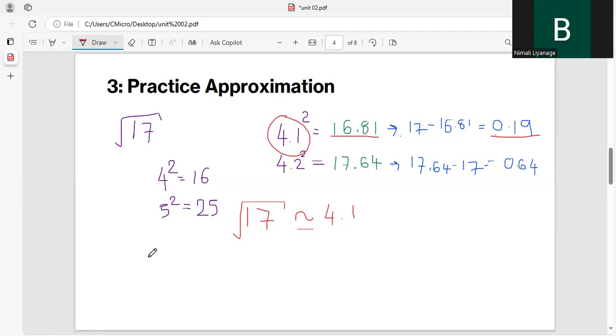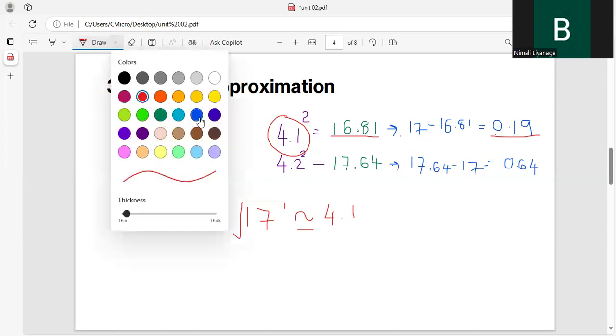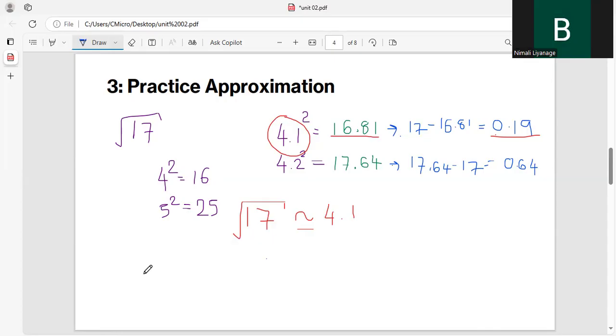So now it's your turn. Find the square root of 20. I will give you 1 minute.